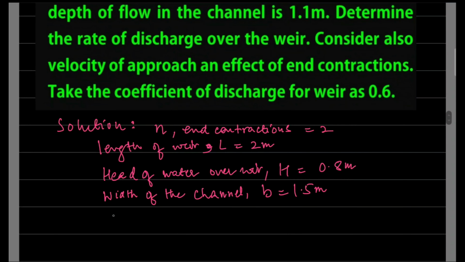So depth of flow in channel is 1.1 meter. Now, first of all, we will determine the area of flow of channel.